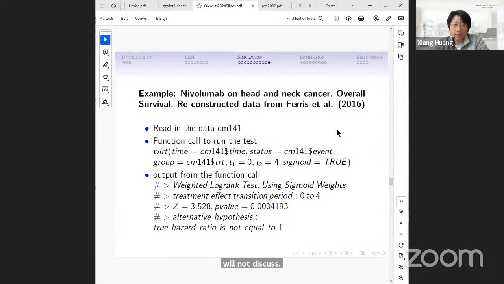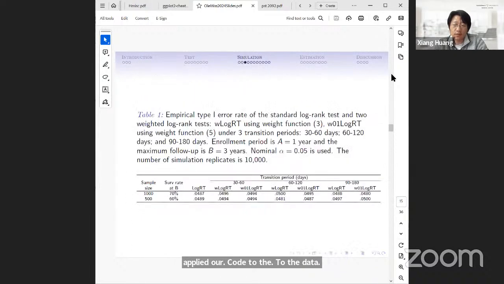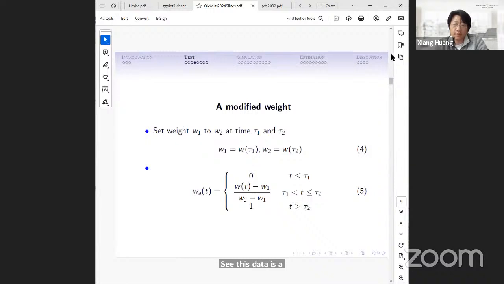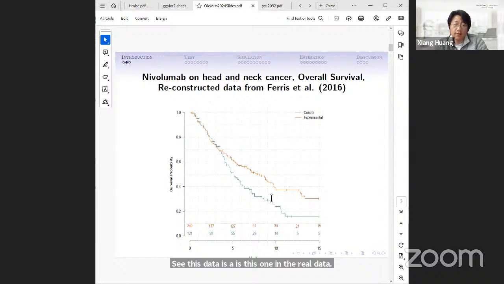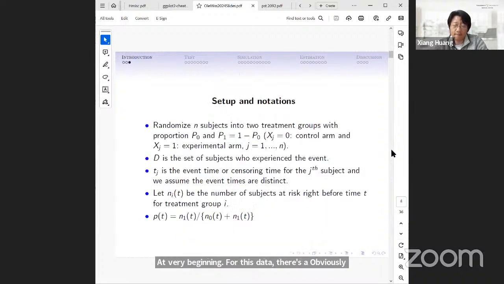So we applied our code to the data. This is the real data from the very beginning. For this data, there's obviously a delayed treatment effect.